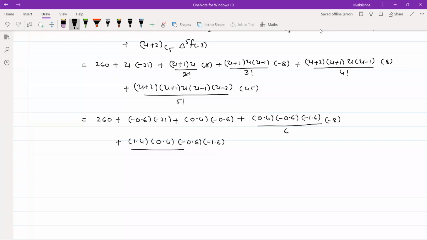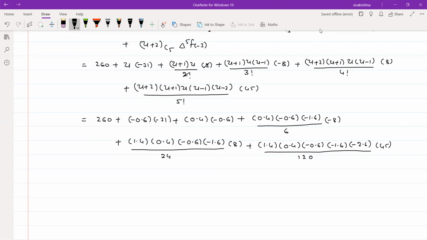By 4 factorial, which is 24 into 8. And finally u plus 2, once again 1.4, u plus 1, so 0.4, u minus 0.6, u minus 1 minus 1.6, u minus 2 minus 2.6. So by 5 factorial means 120 into 45.